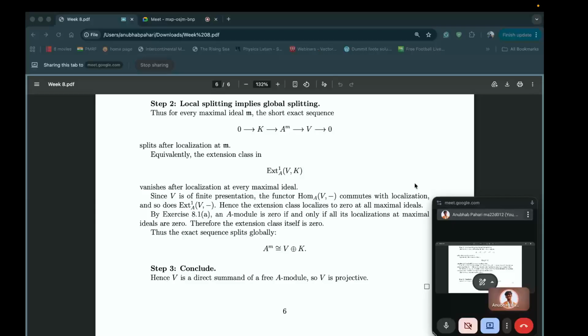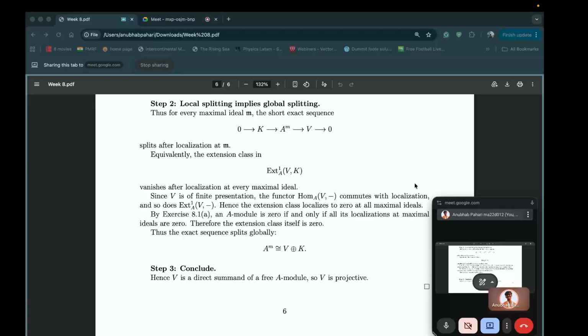Hence the extension class localizes to 0 at all maximal ideals. By exercise 8.1a, that is, we did that an A-module is 0 if and only if all its localizations at maximal ideals are 0. Therefore, the extension class itself is 0.